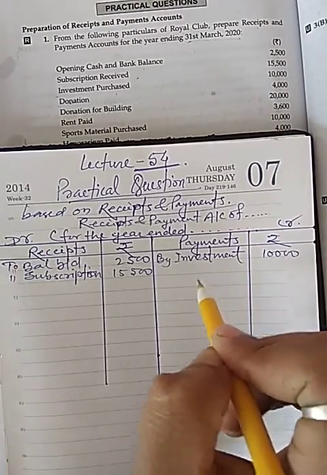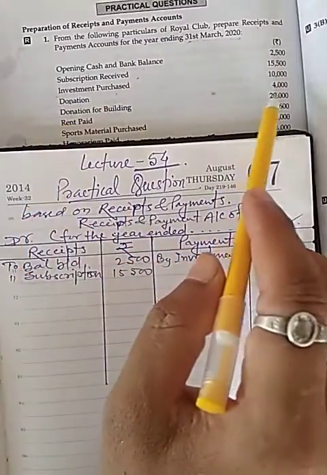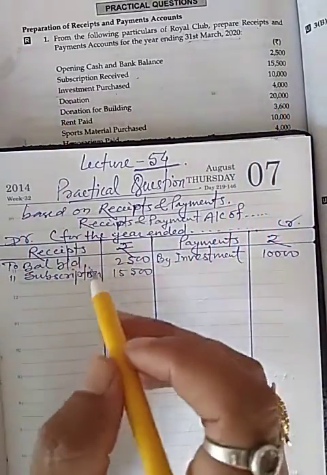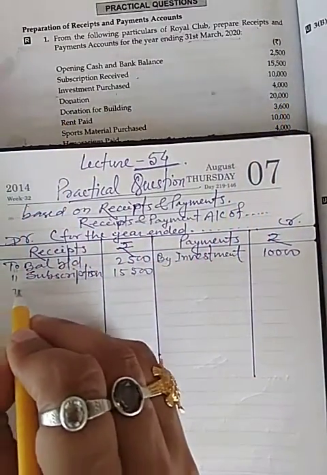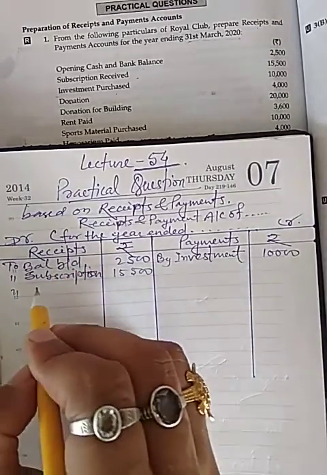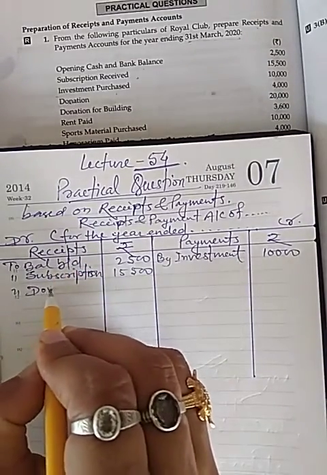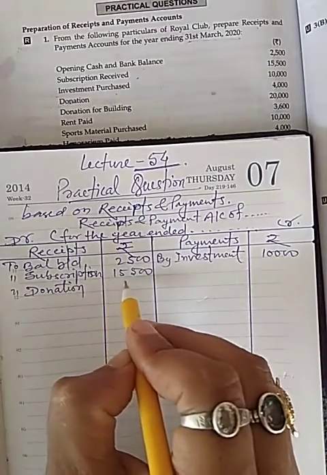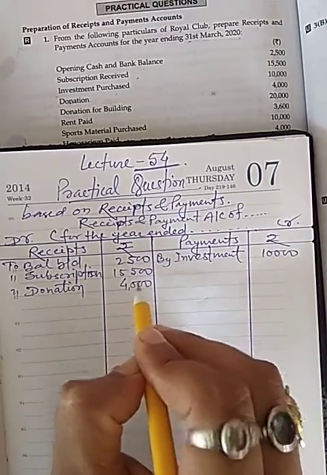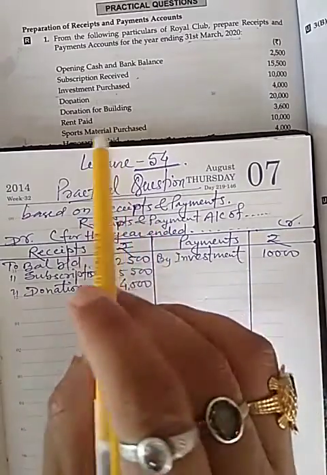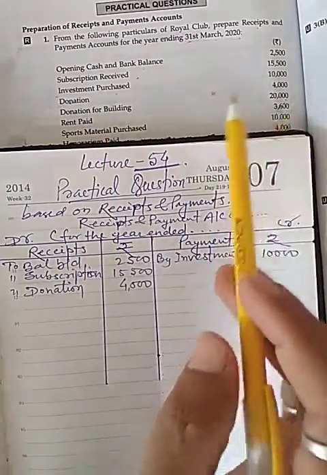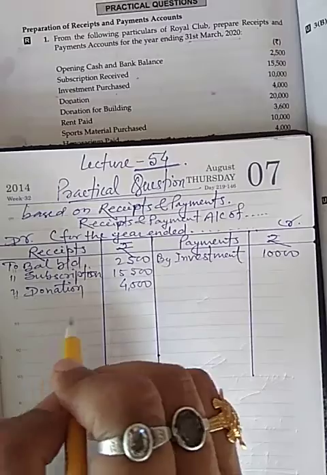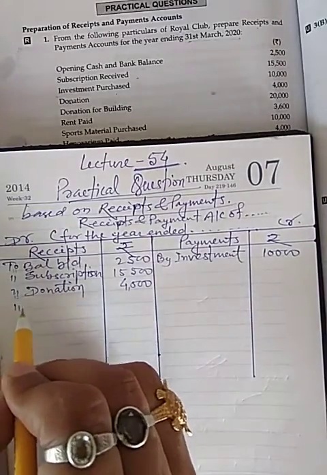Now next thing is donation 4,000. So donation received in receipt side, donation 4,000. Now next item is donation for building, 20,000. So also it will shown in receipt side.